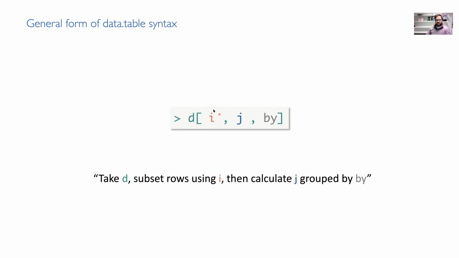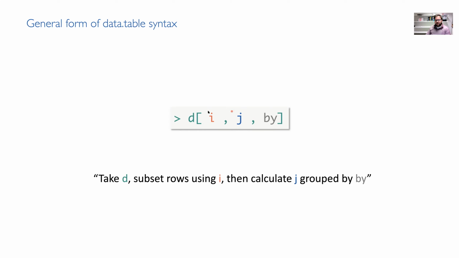Here you have a condition that tells you which kind of rows you want to take. The second one operates on the columns. For example, in the second argument, you can perform a calculation on the columns. And the third argument is a grouping variable.